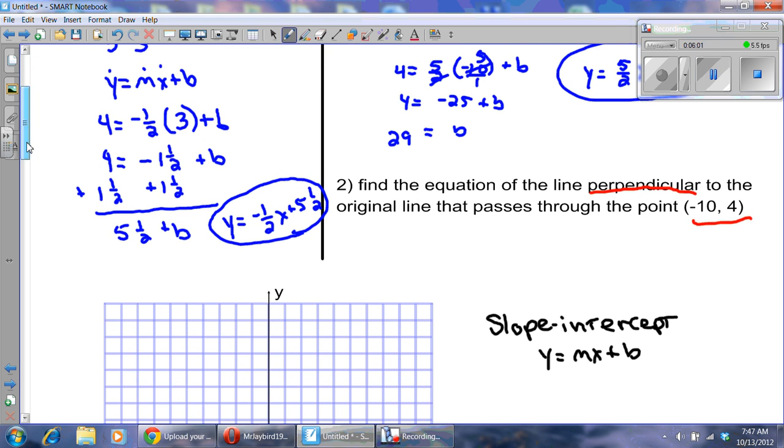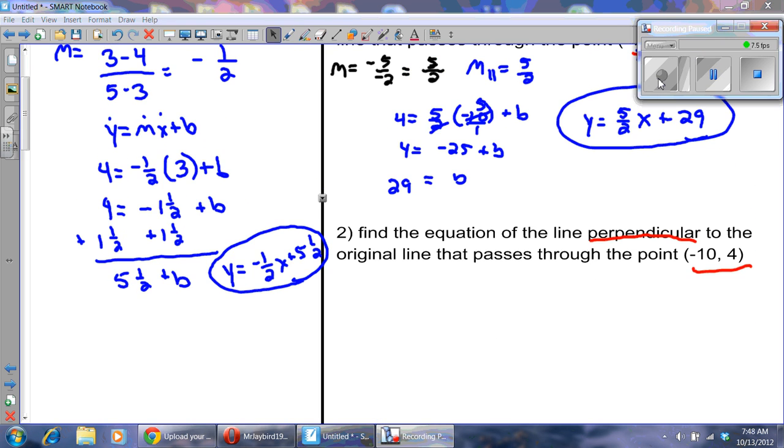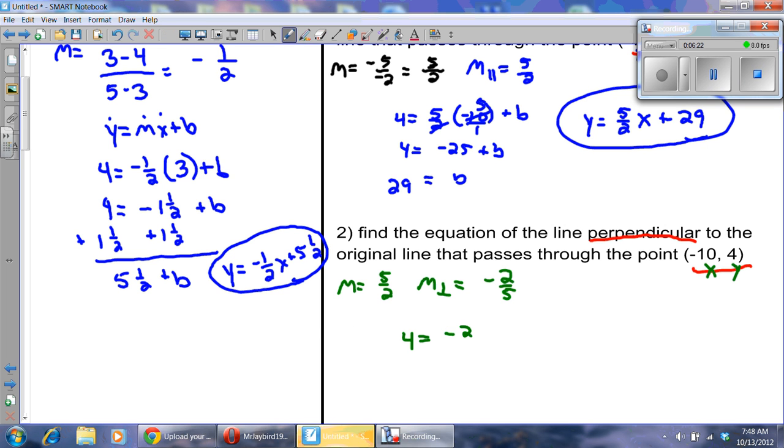All right, scrolling down just a little bit. Ooh, doesn't look like I gave myself enough room. Okay, that's better. On this one, I know the original slope was 5 over 2. Here I have to find the perpendicular slope. So I'll use the negative reciprocal, negative 2/5. I have my x, I have my y, and so I write 4 equals negative 2/5 times negative 10 over 1 plus b.